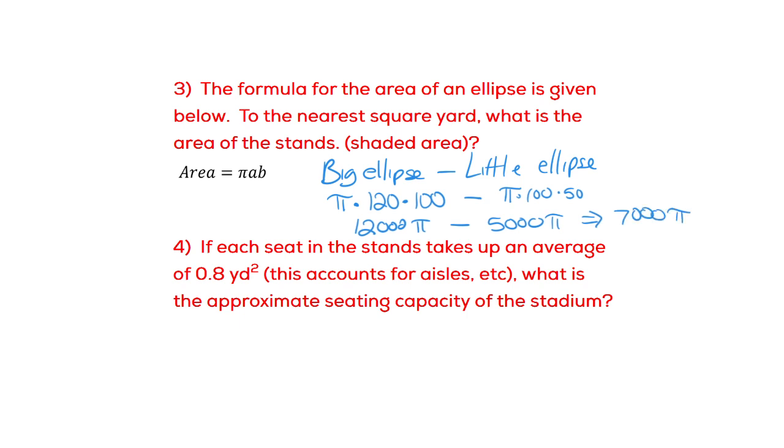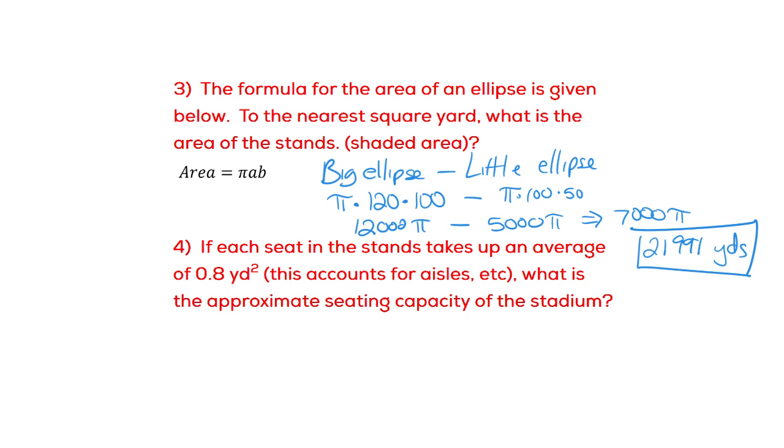And now I might go ahead and go to my calculator and see what is 7,000 times pi. I'm getting 21,991, to the nearest yard. Okay, so I'll call it good there. So that's how much space there is in the stands.